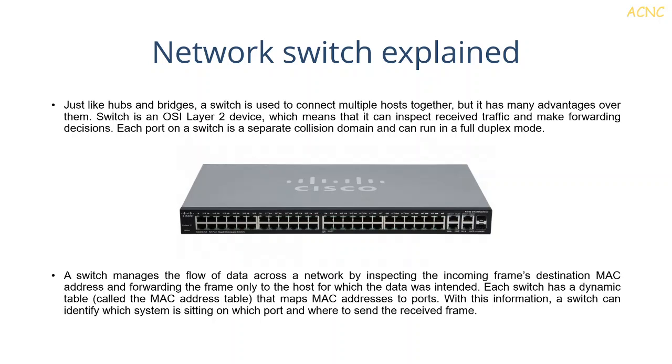That means every switch has a MAC address table, a record of all its hosts, so the switch easily identifies the host MAC and sends data to the related device.